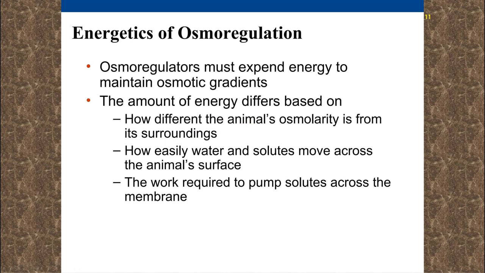For example, the osmoregulation of an animal's body depends upon the temperature of the environment, the diet the animal has consumed, the quantity of water it has taken in, maybe through food or also through direct liquids, and the excretion status of that animal, and the work required to pump solutes across the membrane. This is also another criterion.